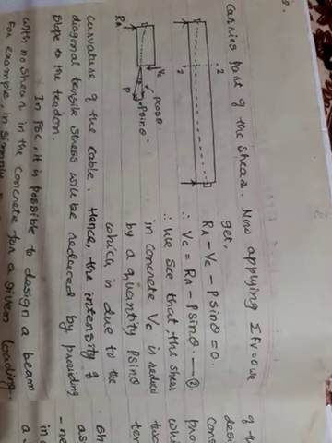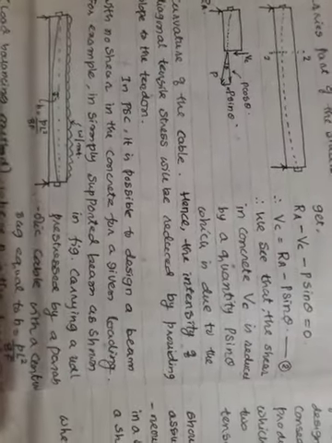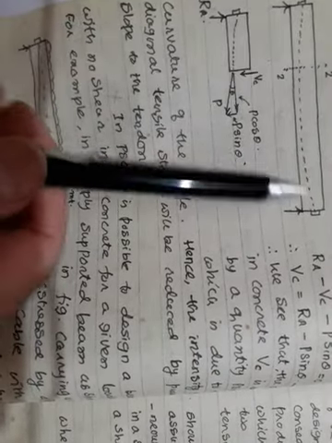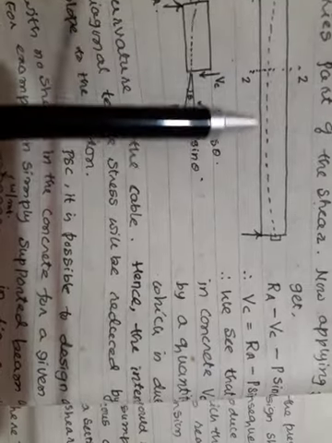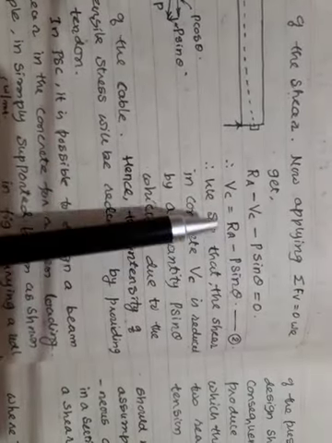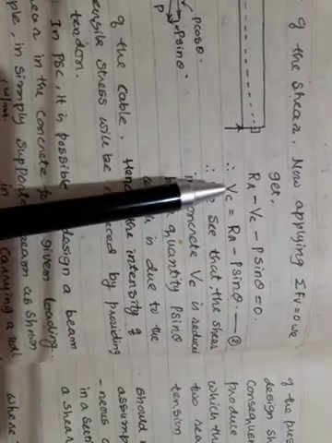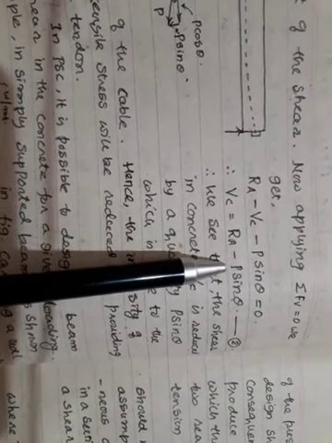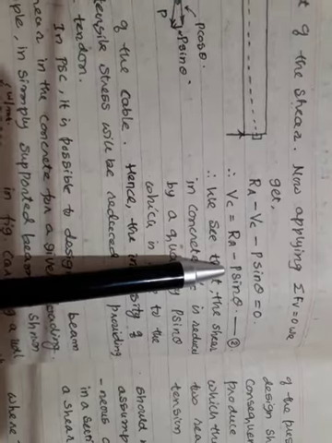What I mean to say by this example is, whenever we lay the cable inclined like this, the inclination being theta, the shear force carried by the concrete is going to get reduced by a value called P sin theta.